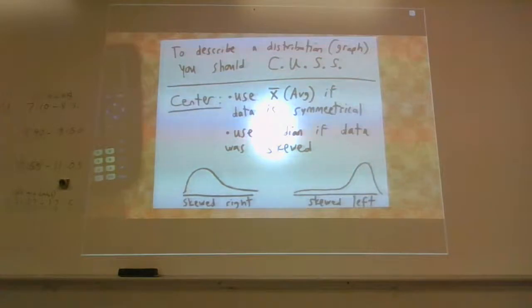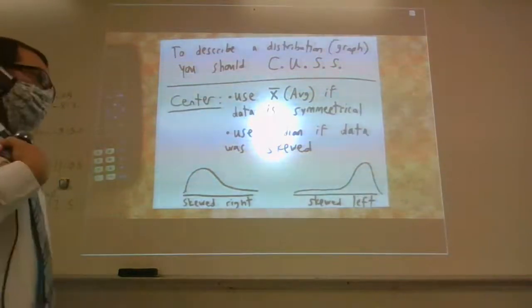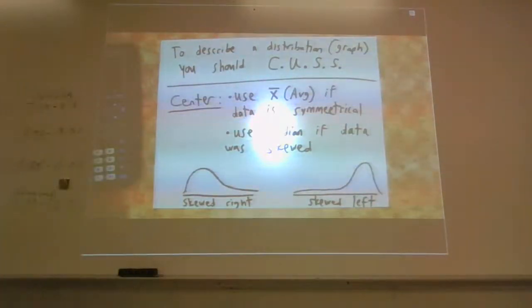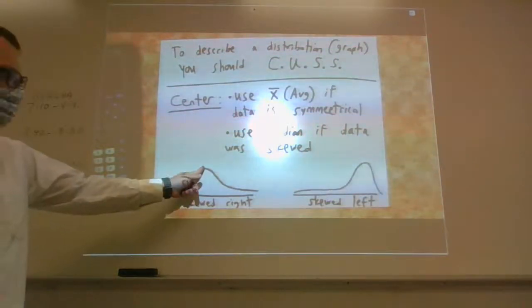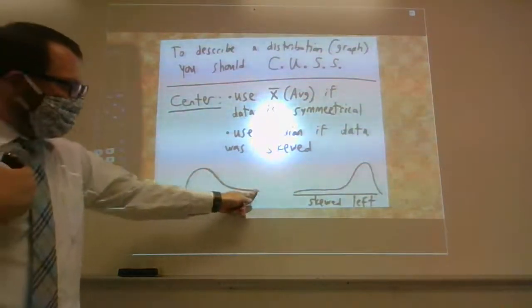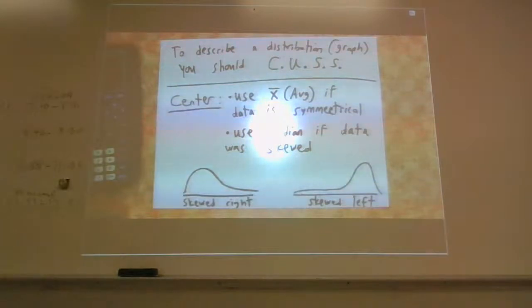You would have a ton of people between $40,000 and $80,000, but then a lot less people earning millions of dollars every year. Thus, that type of data would potentially be skewed to the right, because there'd be a ton of people at the beginning and then a lot less people at the end.